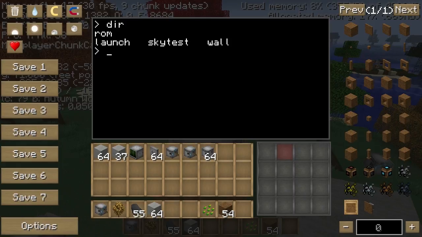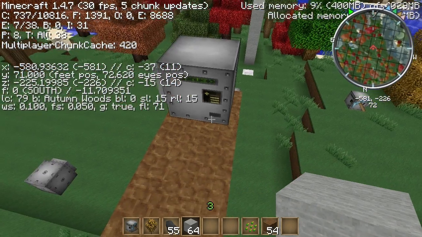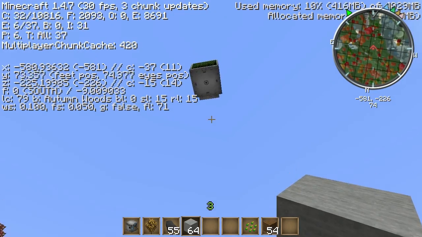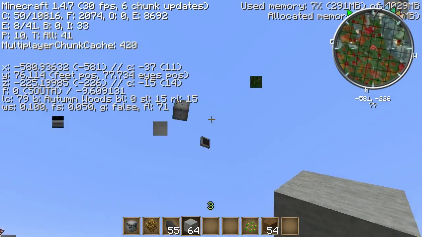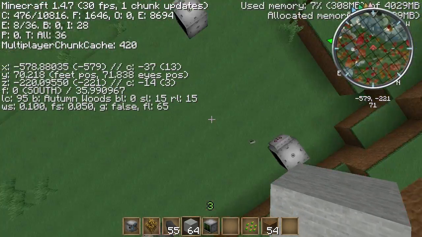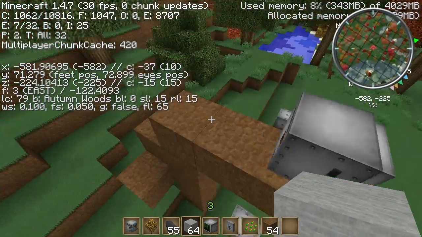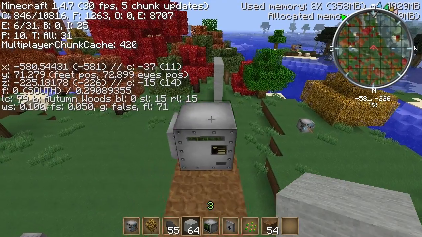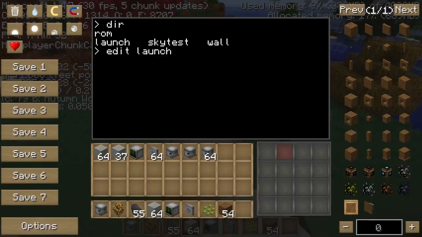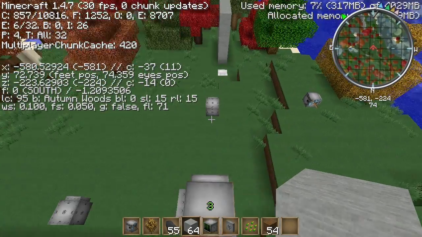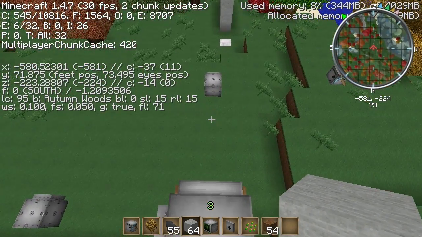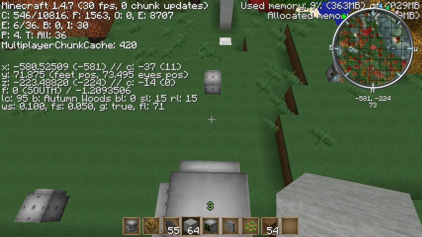So if we go into launch, first of all, the first thing we're going to do is just grab this. And this has been set correctly to 252, and the other coordinates are correct. So if we look at what the Y position is here, we need to get the starting Y position, and we know the finishing Y position is going to be 251.